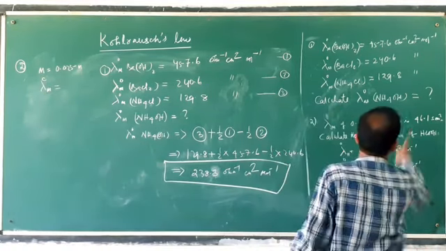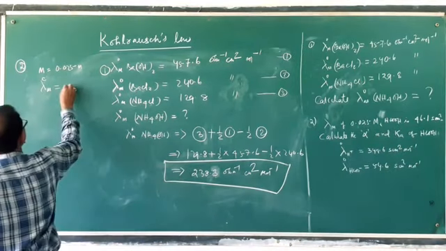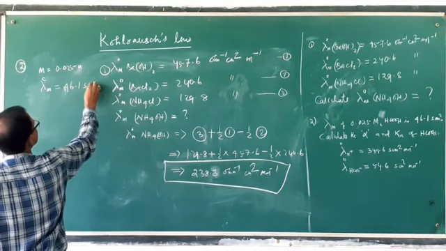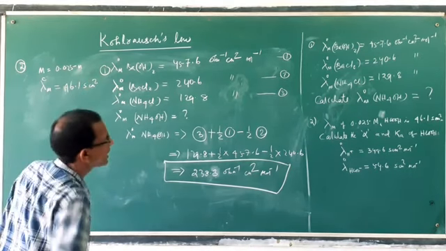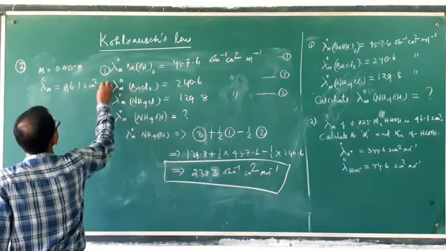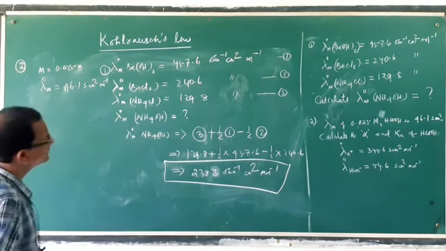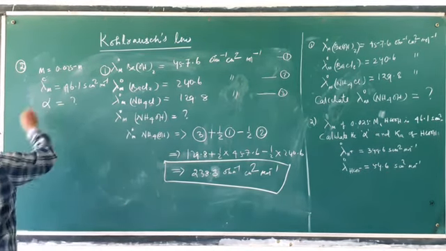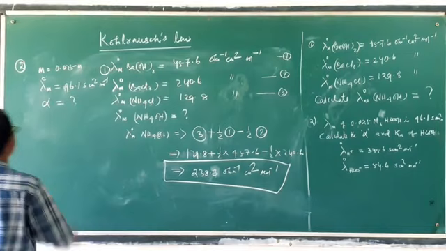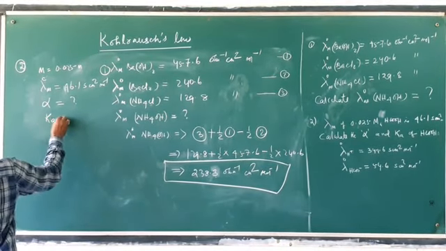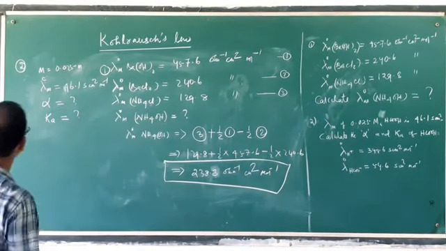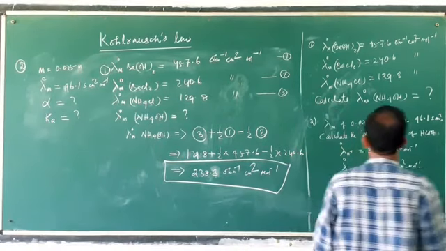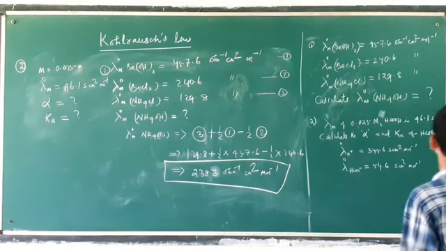What is lambda m c? 46.1 S centimeter square mole inverse. Then the question is to calculate alpha and calculate K. So lambda m of 0.025 M acetic acid is 46.1.